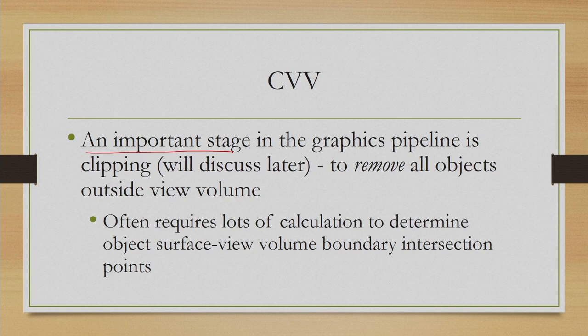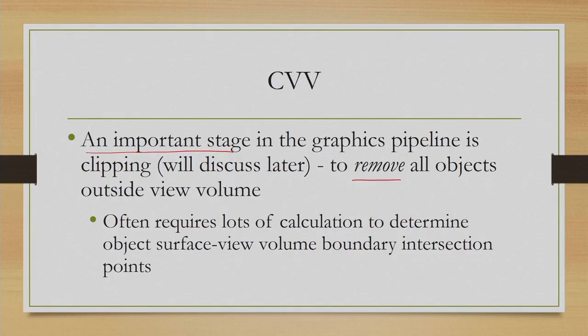In fact, this is part of the 4th stage that we are currently discussing, that is viewing pipeline. Here what we do is, whatever objects are outside the view volume are clipped out. Now, that stage is called clipping, and we do it to remove all the objects that are outside the view volume. We already know what is a view volume, that is a region in the 3D space which we want to project.